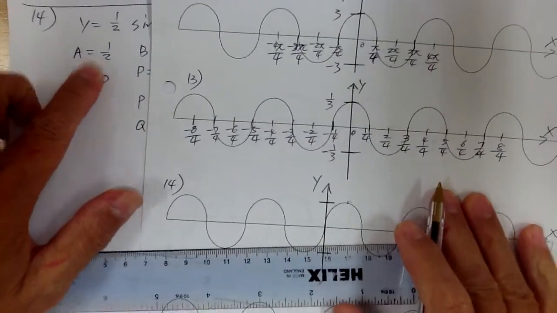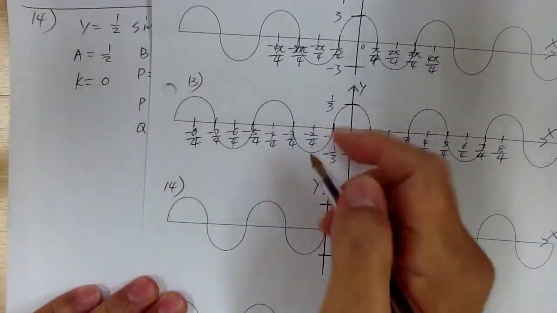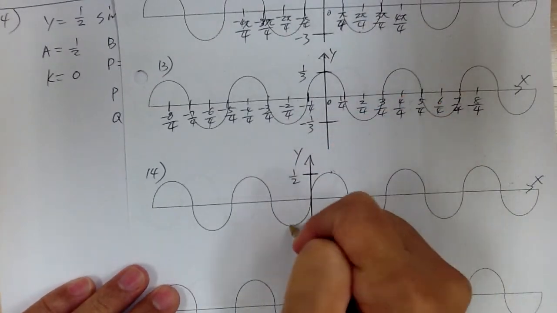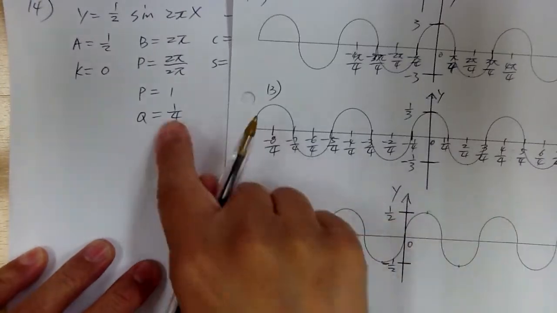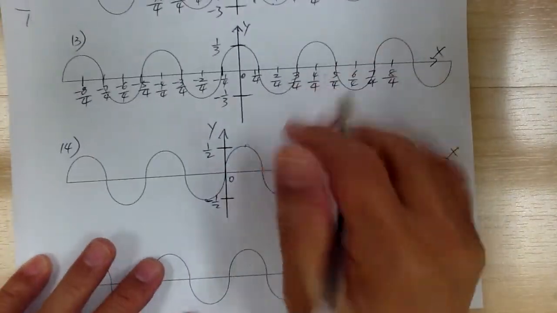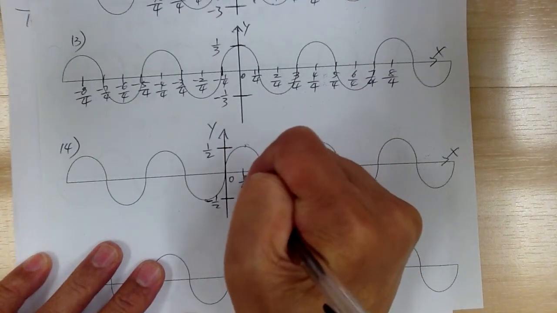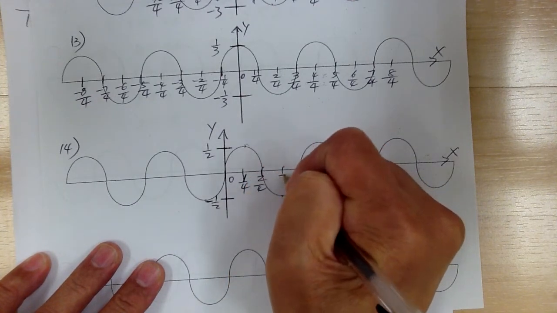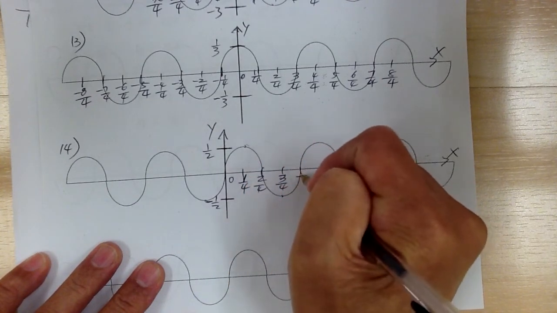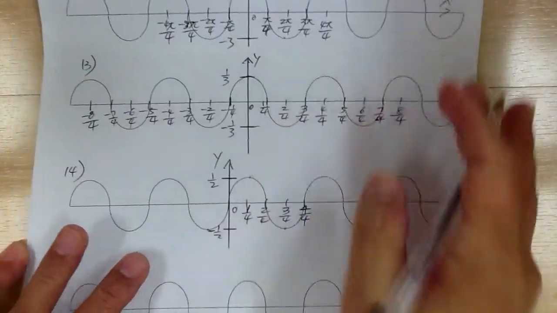So a is 1/2, right? So this is 1/2, negative 1/2. And the q is 1/4. So that's 1 over 4, 2 over 4, 3 over 4, 4 over 4, and half more to go over to 2.